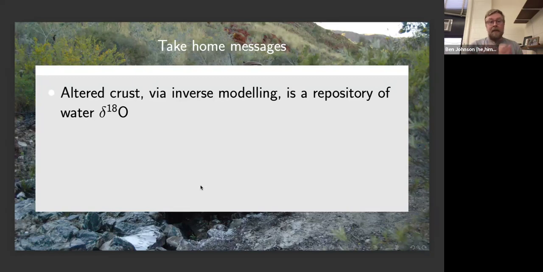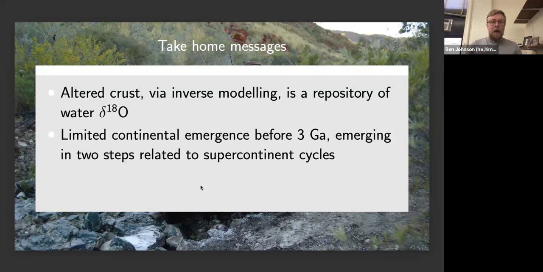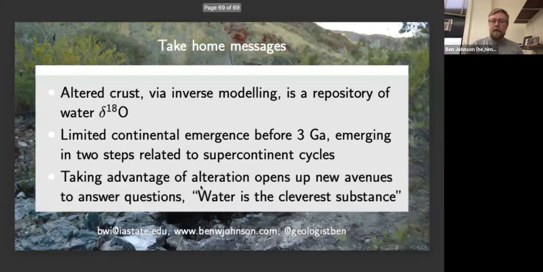The first thing here is that we can use altered crust, via this inverse modeling approach, as a proxy for fluid or seawater delta-18 values through time. I think knowing that is a really valuable first and important foundational step. Once we apply this approach to a series of hydrothermally altered crustal sites ranging in age from Cenozoic all the way back to 3.2 billion years ago, our suggestion is that there was limited continental emergence before 3 billion years ago, emerging in perhaps 2 steps related to the first supercontinent cycles, onset of widespread modern style plate tectonics.